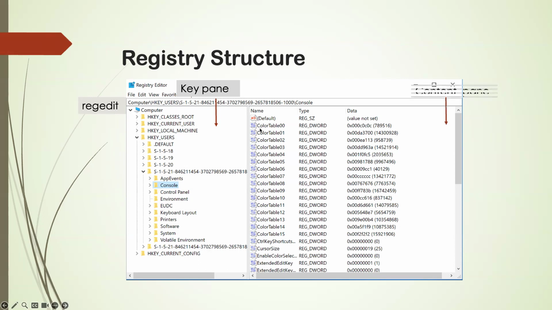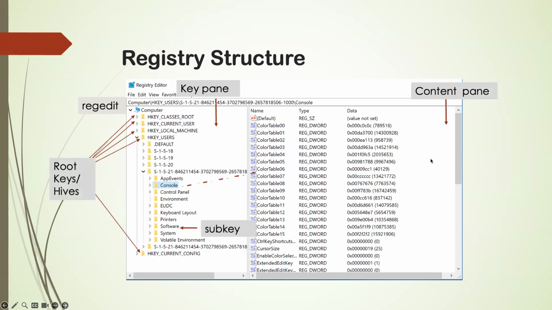On the other hand, this is the content pane, and here you will see the different things as values. For example, all these 5 big folders or hives are the root keys or root hives, and if you open any one of them, you will see these subfolders, and all of them are called subkeys.